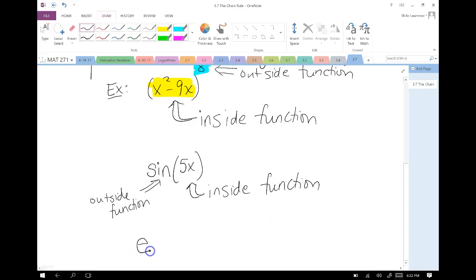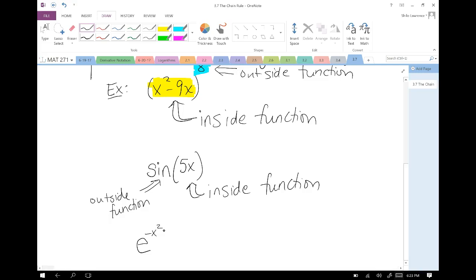And we've seen lots of derivatives so far with e's. If we want to take the derivative of e to the negative x squared. We've talked about the derivative for e to the x, and then also at the very end of 3.4, we've seen the derivative for e to the kx, where k is just any real number, so e to the 5x, e to the negative 2x.